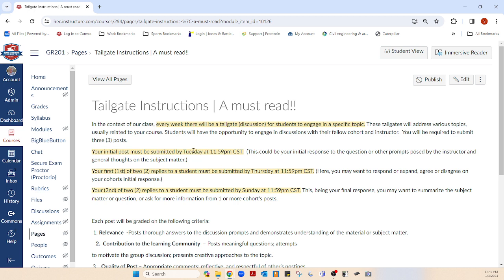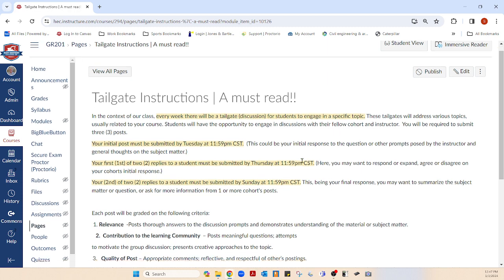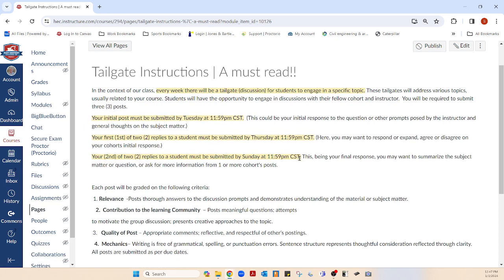In the context of our class, every week there will be a tailgate. This is old stuff for students to engage in a specific topic. Those will vary, but they will all be related to excavation or earth moving operation.